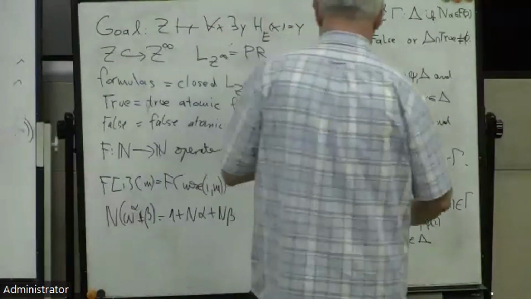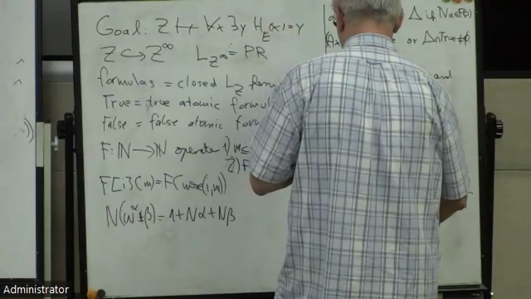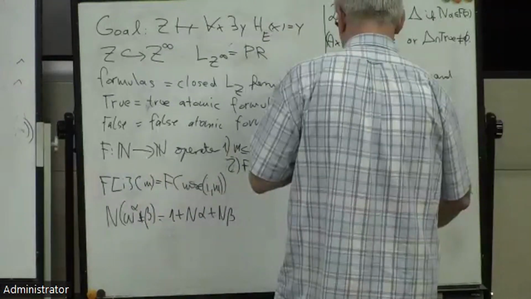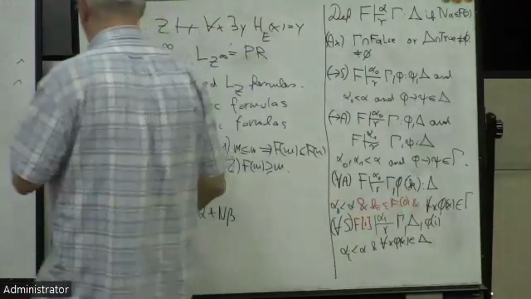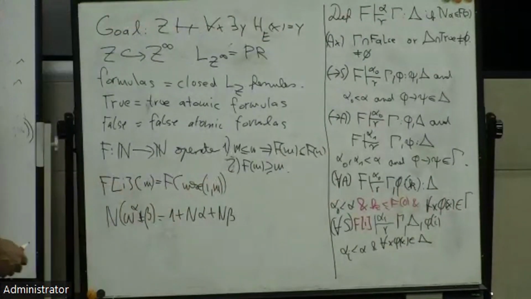And for the bounding function, I now use not operator f, but the modified operator f in brackets I. So it's a bit of a weakening in the assumption. And these are the two places where the operator f is used.